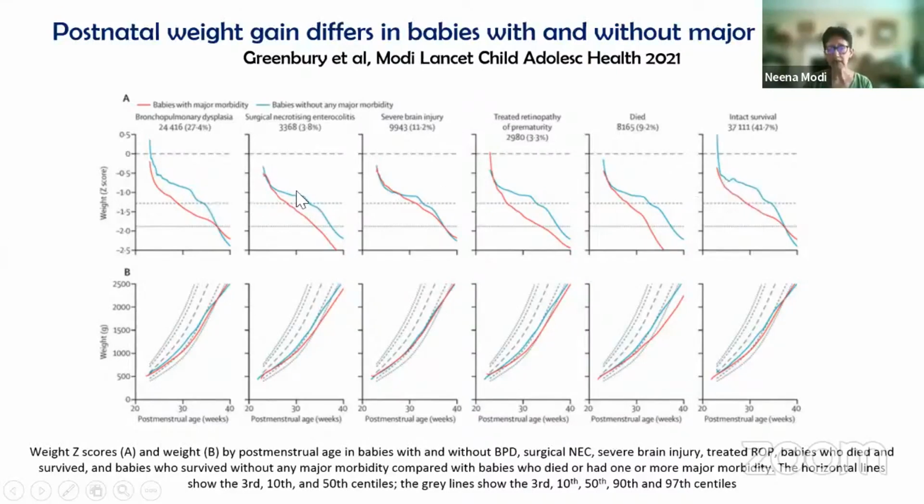You can see that babies who are going to go on to develop a major morbidity or to die have a weight trajectory that differs from those who have healthy survival from a very early stage. The other thing that we showed was that babies who go on to have major morbidities have a lower birth weight centile than babies who go on to have intact survival, showing very nicely what we all know, that growth restriction increases your risk of not surviving or having an adverse outcome.